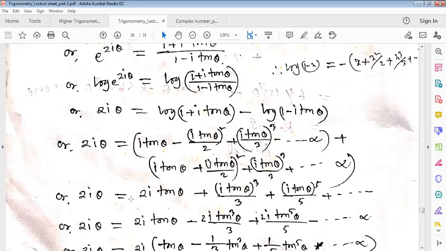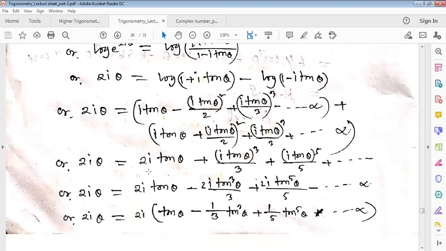So twice i theta equals twice i tan theta, plus twice (i tan theta) whole cube by 3, plus (i tan theta) to the power 5 by 5, and so on. That means odd terms will exist and even terms will be cancelled due to the plus minus cancellation. Now twice i theta equals this one, i square. Here i cube means what?